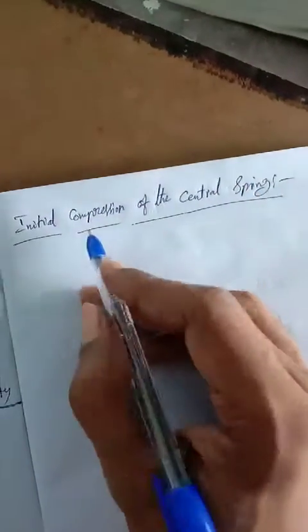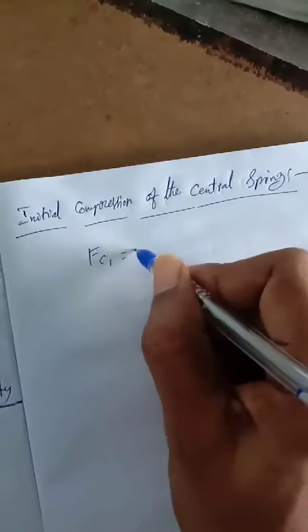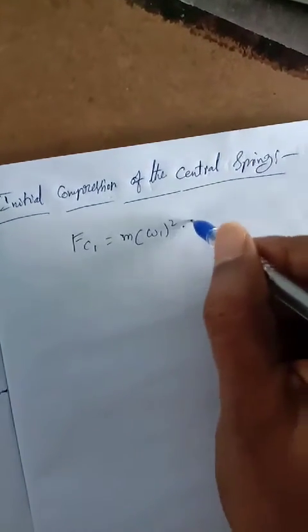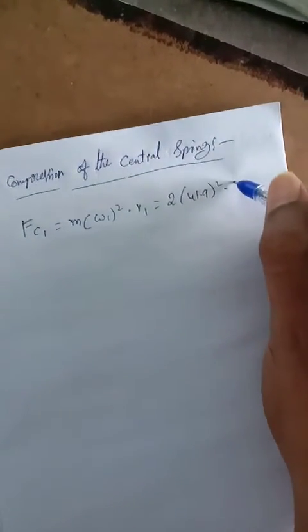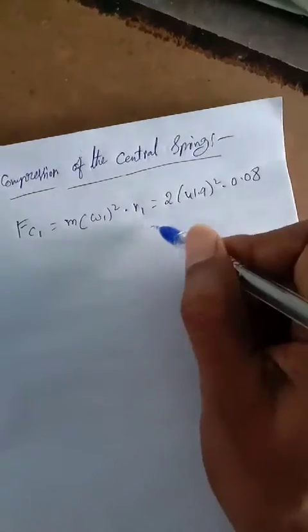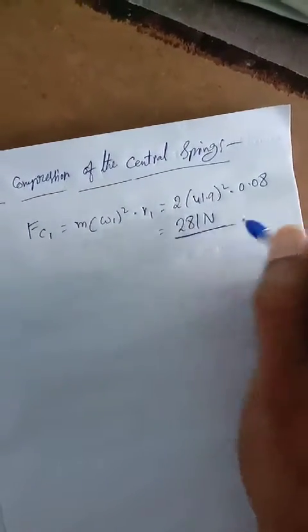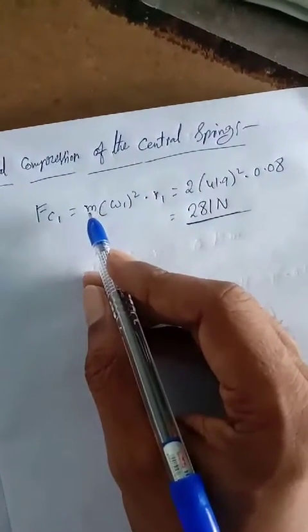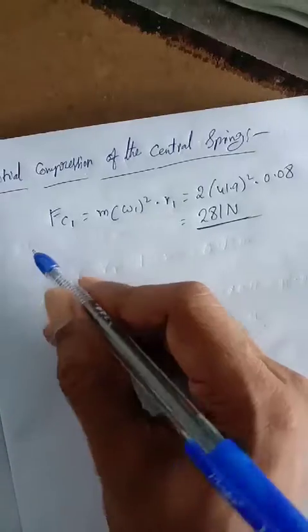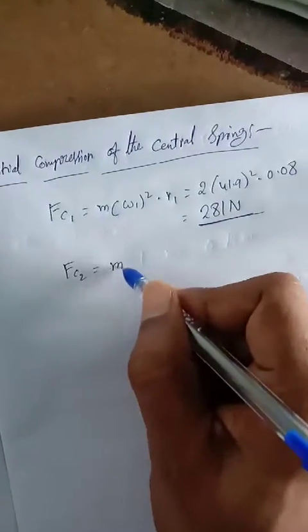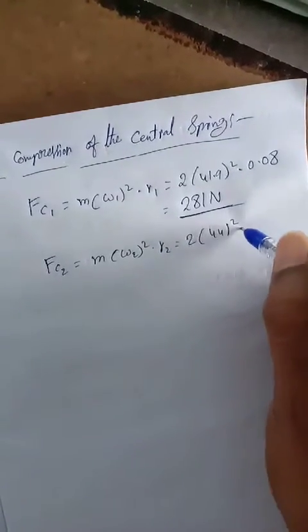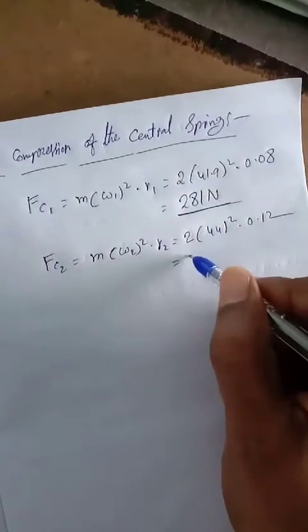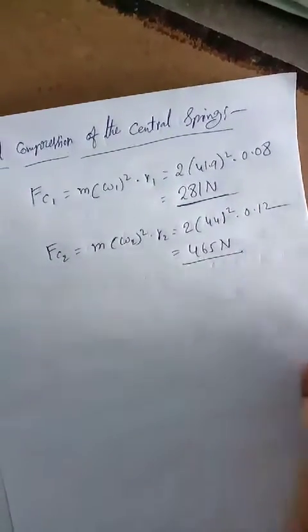So we know that the centrifugal force at the minimum speed Fc1 is equal to m into omega 1 whole square into r1, then 2 into 41.9 whole square into 0.08, and this is equal to 281 newtons. The centrifugal force at maximum speed Fc2 is equal to m omega 2 square into r2. Then here 2 into 44 whole square into 0.12. Then that is equal to 465 newtons.